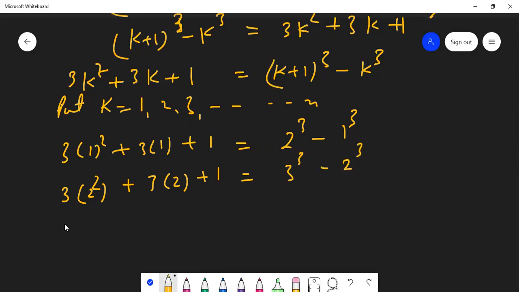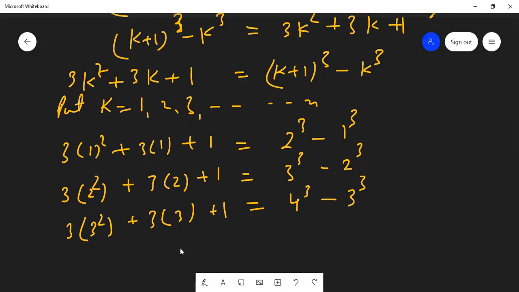And if I put k equal to 3 here, 3 square plus 3 into 3 plus 1 is equal to 4 to power 3 minus 3 to power 3. Now we are getting some kind of pattern here.